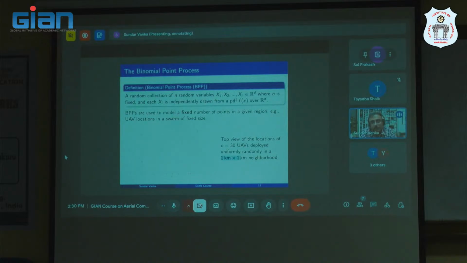And if you also assume height is different, you need 30 times 3, right? Each of them requires 3 dimensions. But we have avoided that problem by converting the 30 dimensional or 90 dimensional PDF, we got rid of it and we said, let us have a point process to denote where these UAV locations are.